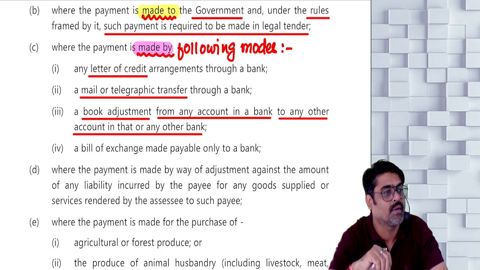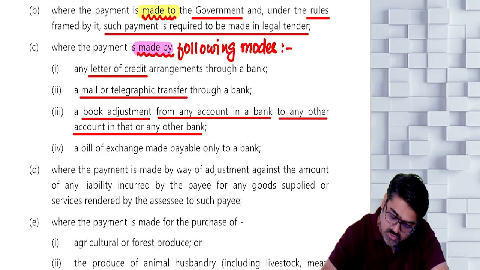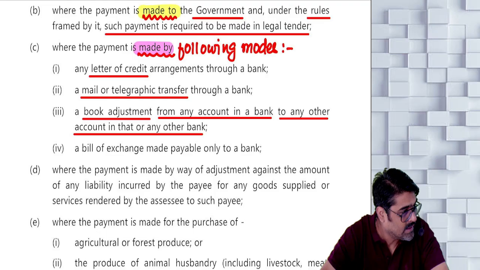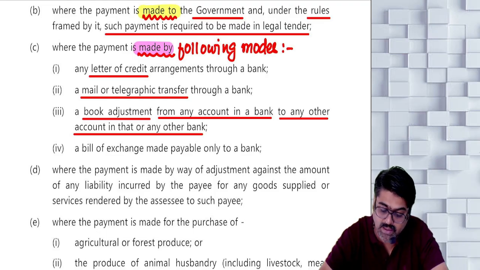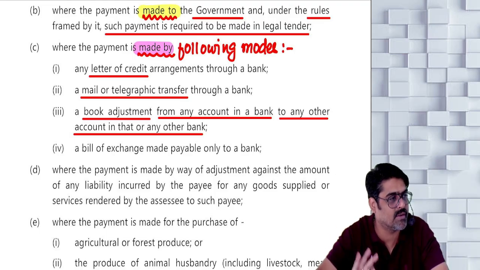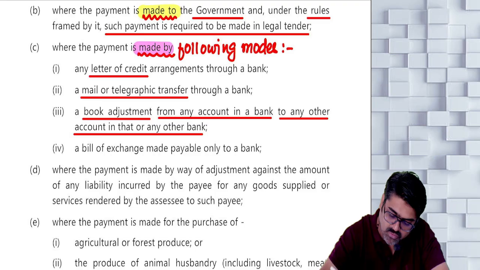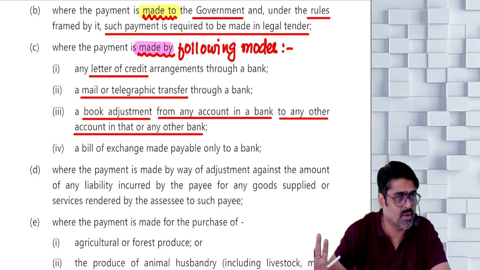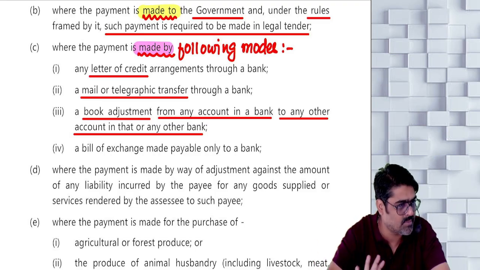Yes or no? That is known as book adjustment. Through book entries only, the settlements are done. So that is known as payment, and for this also 40A3, 40A3A will not be attracted.